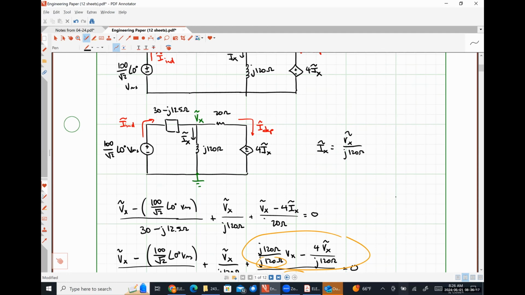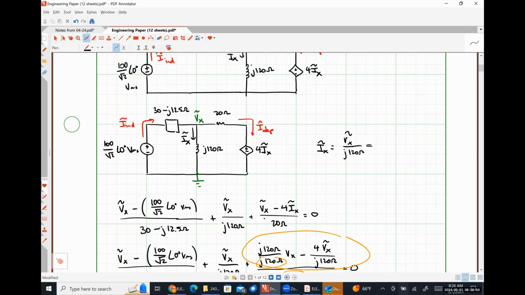So 4 is just a constant, so whatever the phase angle of Ix is going to be fine. Well, that's just going to be Vx divided by J 120 degrees. So that's just going to be the phase angle of Vx minus 90 degrees.